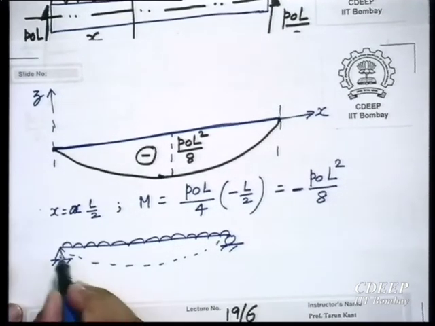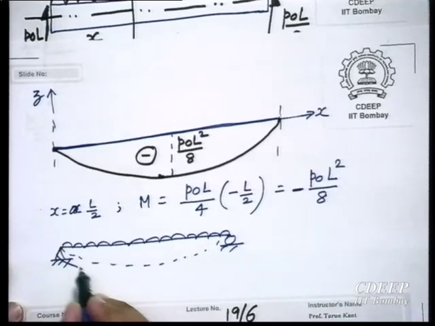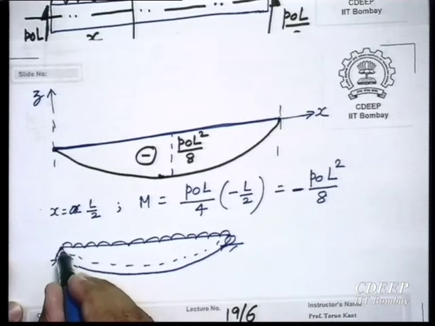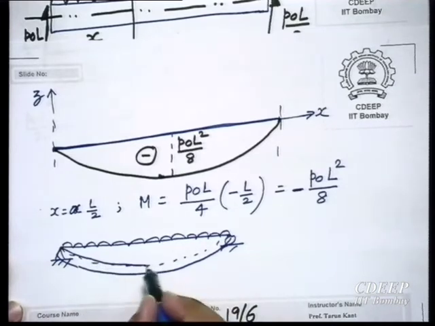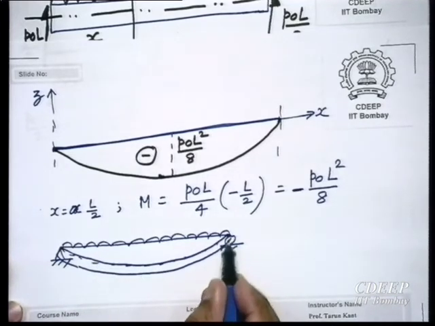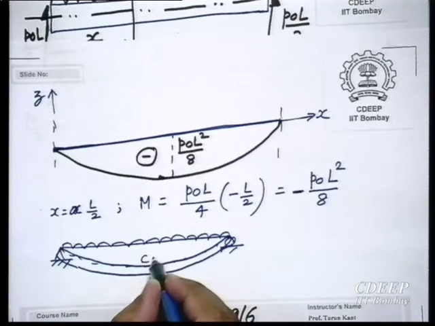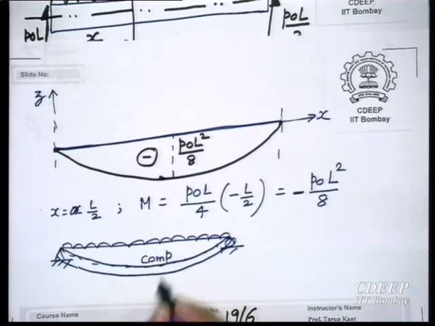If it deflects like this, and if this is the depth of the beam, I am drawing only to the support, what is happening to the top? Compression. So this one is compression, this is tension.